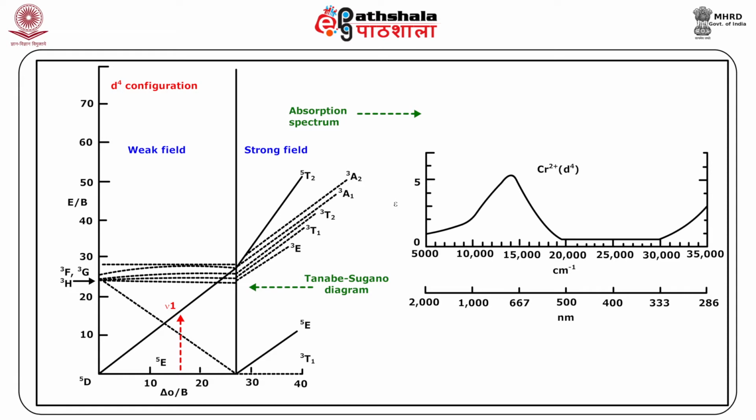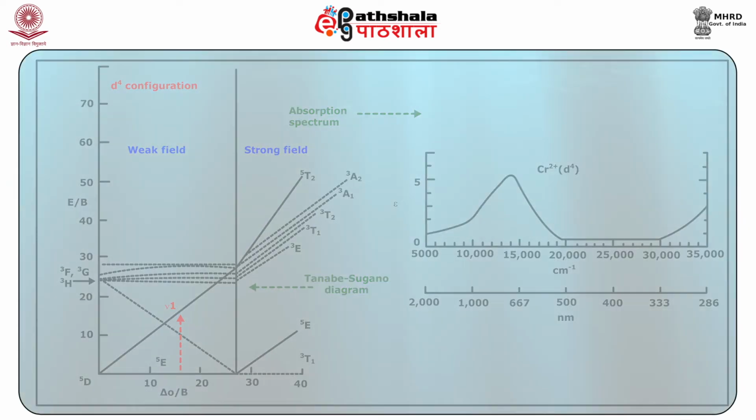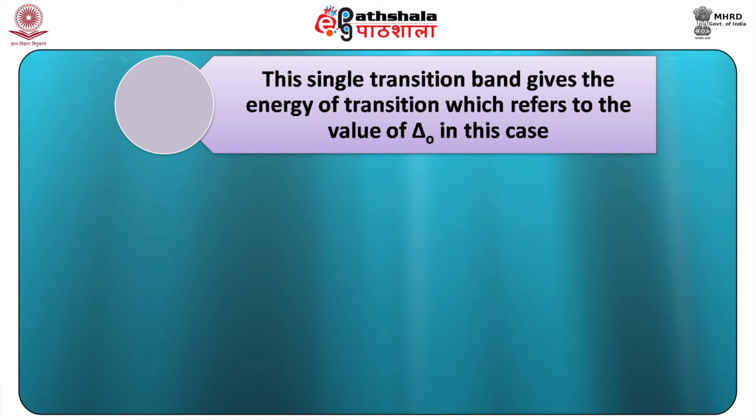Thus, the origin of the band can be said to be from a single spin allowed transition from 5Eg to 5T2g. As can be seen in the figure, this single transition band gives the energy of transition, which refers to the value of delta naught in this particular case.